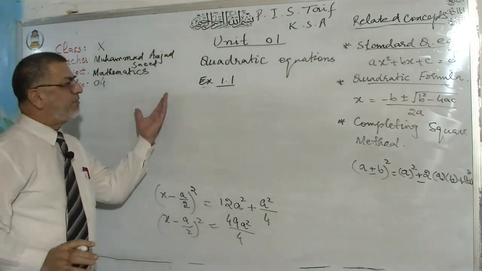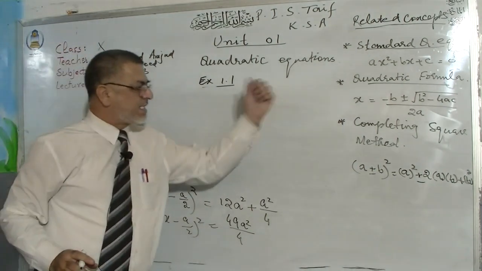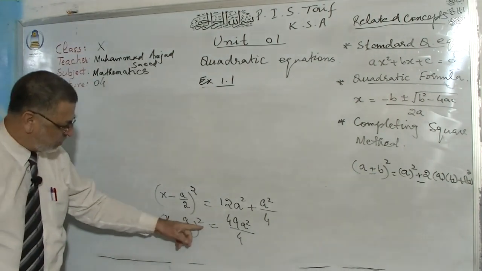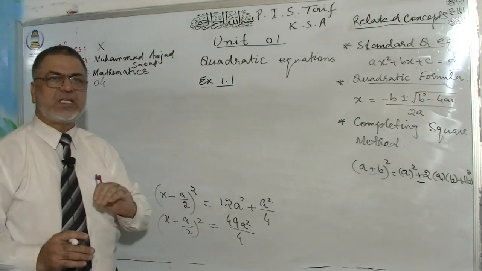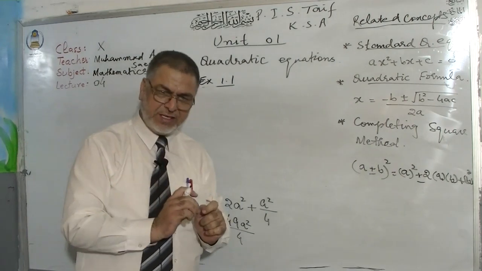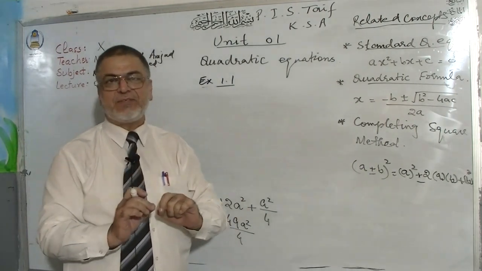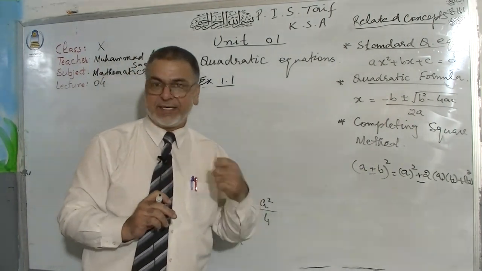Actually you want to find the value of variable x. So here is x squared, whole power. If you want to reduce the power, you will take the square root. And if you want to increase the power, you will take the square.